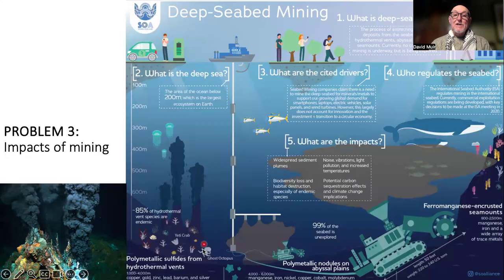And these chimneys are extremely valuable because they consist of these metallic salts. And what people would like to do is go and farm these, go and mine these chimneys.